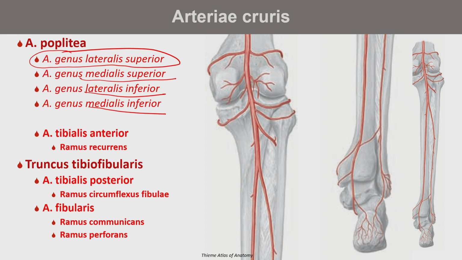So 4 arteries, 1, 2, 3, 4. They are forming a ring, or two rings, around the knee. Then the popliteal artery has an important branch. This important branch is going laterally and entering the hiatus in the interosseous membrane.